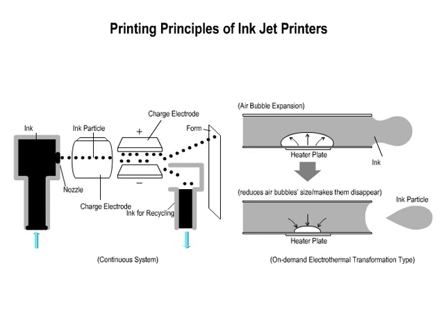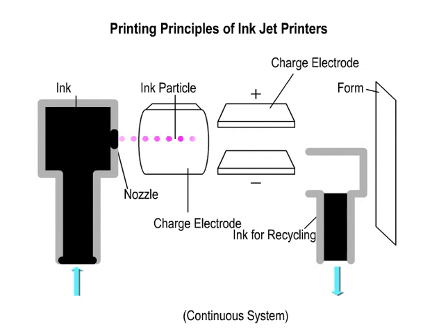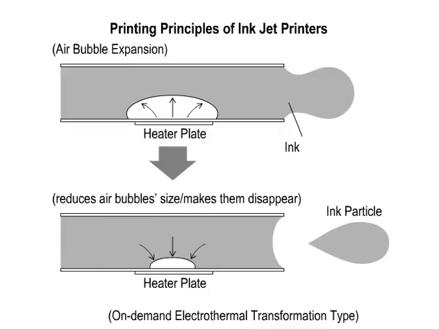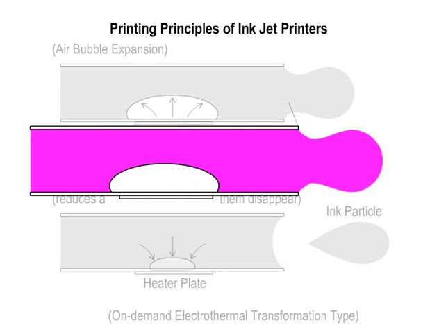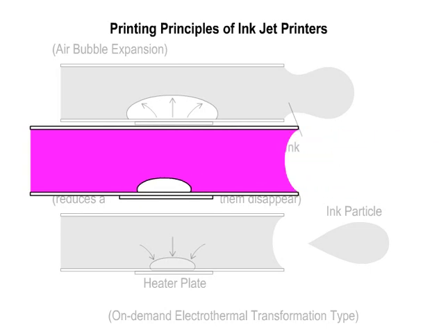There are two printing systems. In the continuous system, ink is always sprayed out of the nozzles and the unneeded ink is collected for reuse. In the on-demand system, the amount of ink needed for printing is sprayed out of the nozzle. The one that is most widely used with PCs is the on-demand system.